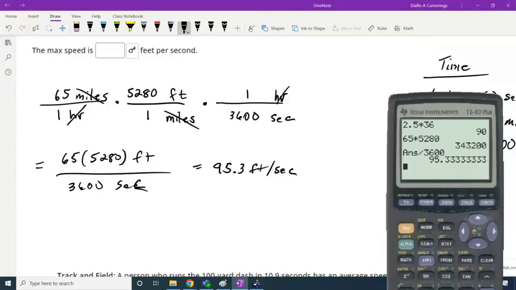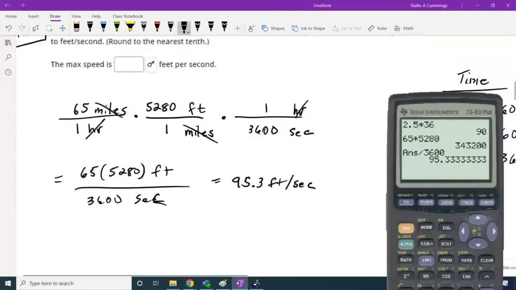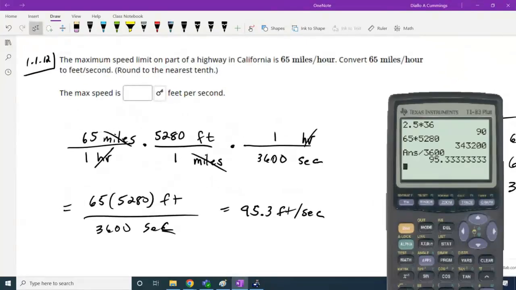All right, so we converted miles per hour to feet per second using a couple of unit fractions. All right, that was number 12.